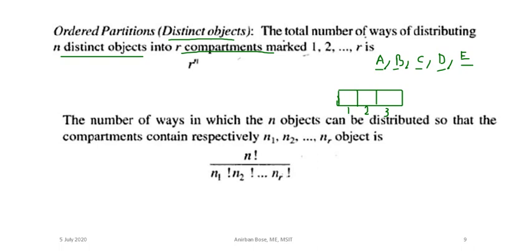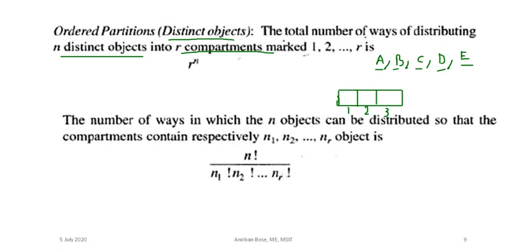Or we can put 2 of them, A and B, here, and C and D here, and E here, or we can put all 5 here and nothing in the second and third compartment. Or we put nothing here and all of them there. In different ways we can do that, right?